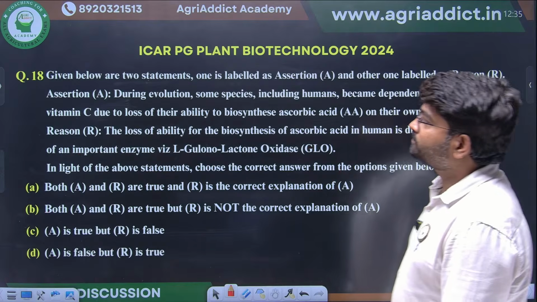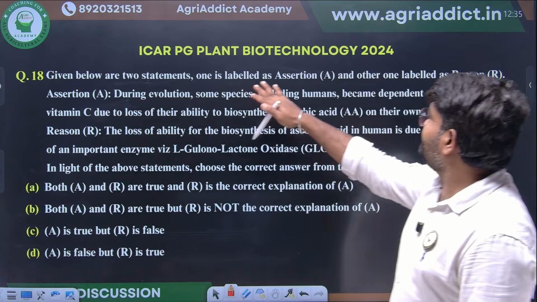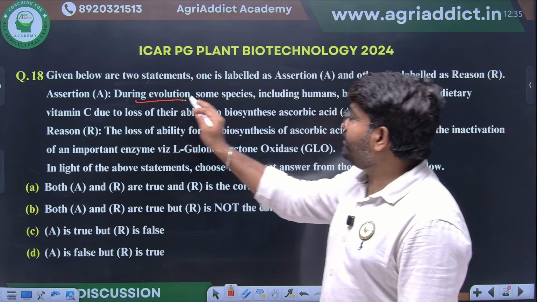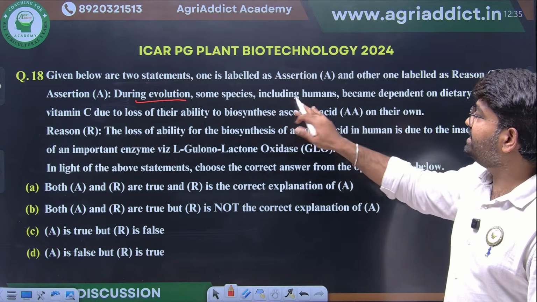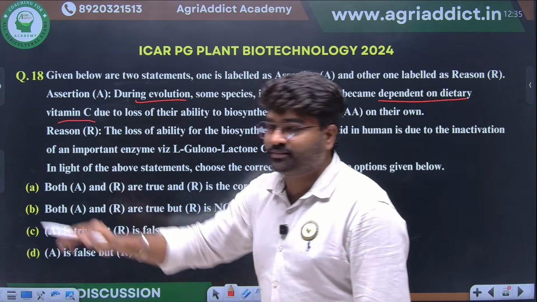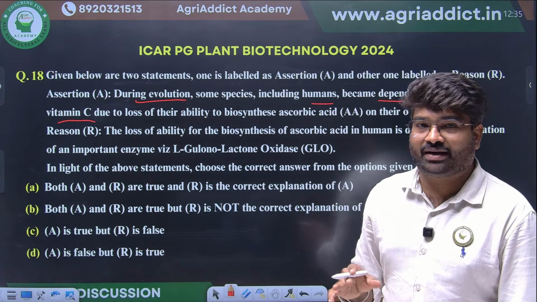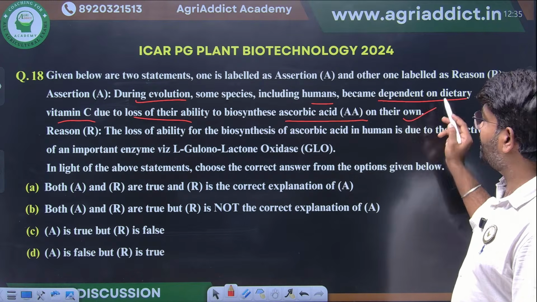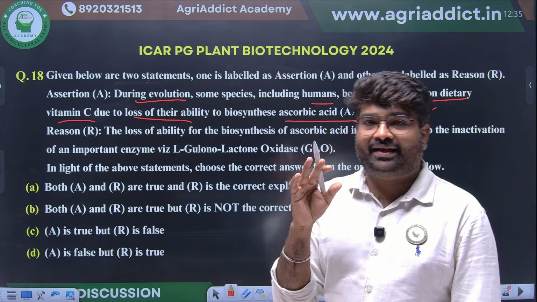Next question. Given below are two statements, assertion and reason. Assertion: during evolution, some species including humans became dependent on dietary vitamin C. Vitamin C is essential because the biosynthetic enzyme was lacking in humans.